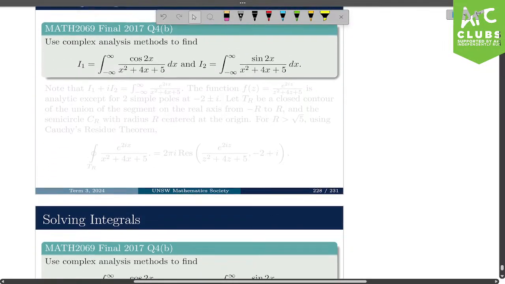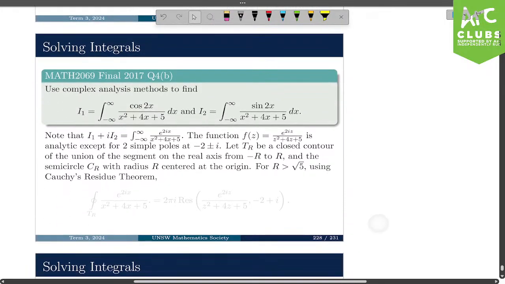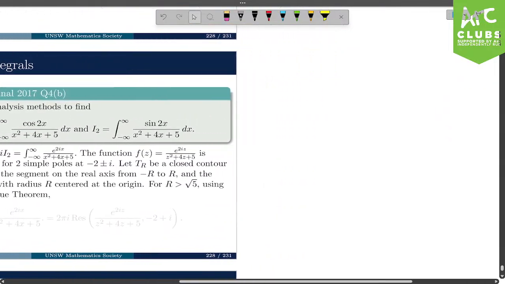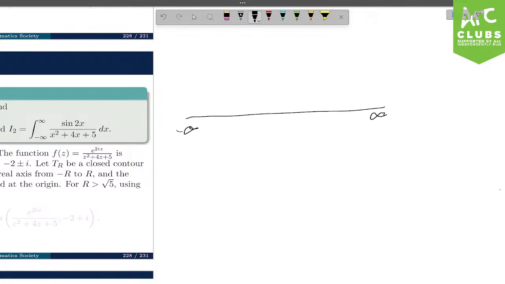All right, let's spot one more fantastic question. Let's go with this one. Typically what you'll see integrals do is they'll go from minus infinity to infinity, I want to determine something over here.